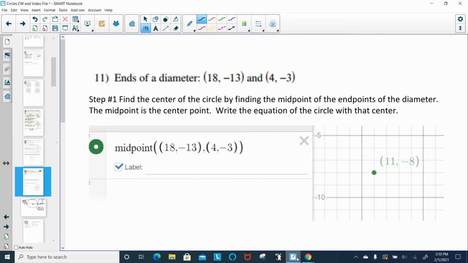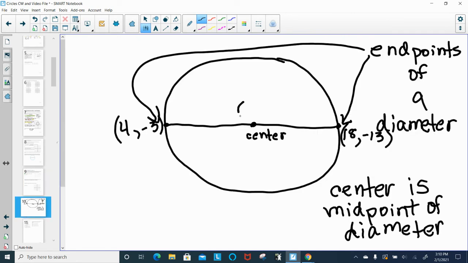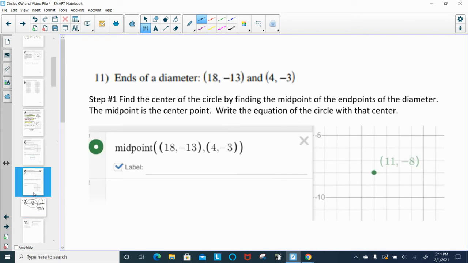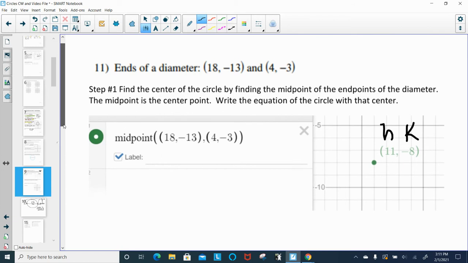This is our center. So back to our little sloppy visual diagram here. This point right here is our H and our K. Okay, so that is excellent. The Desmos calculator did that for us, and I'm going to label that HK. Not too bad.